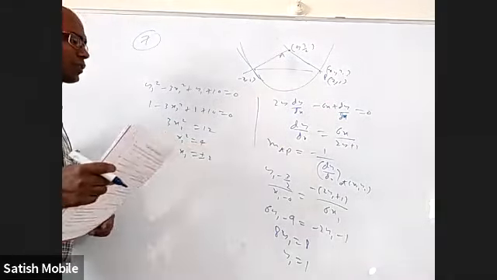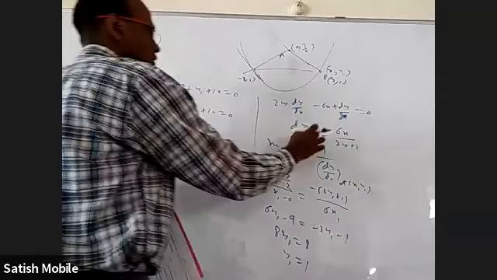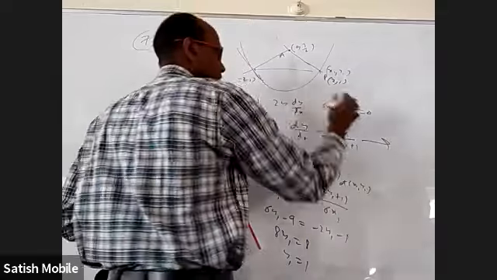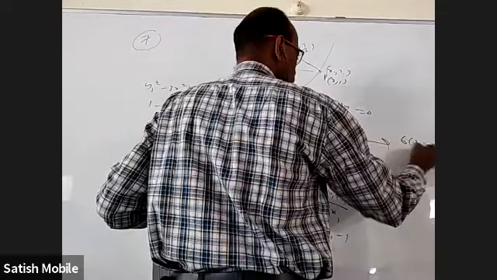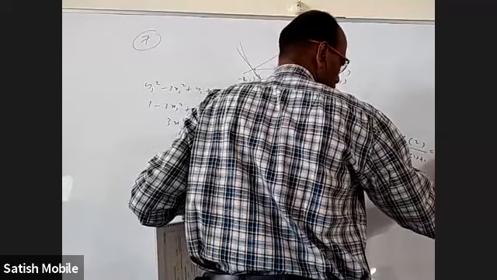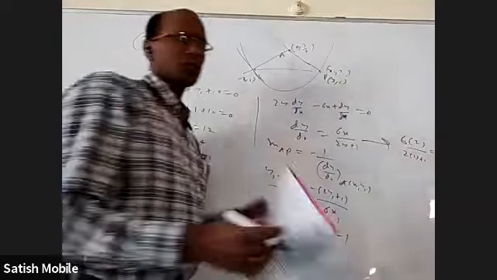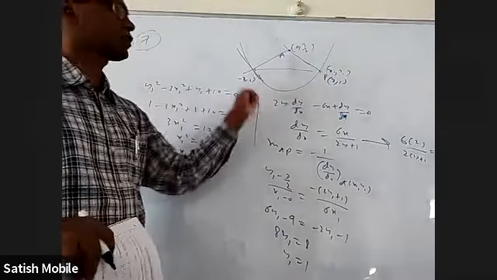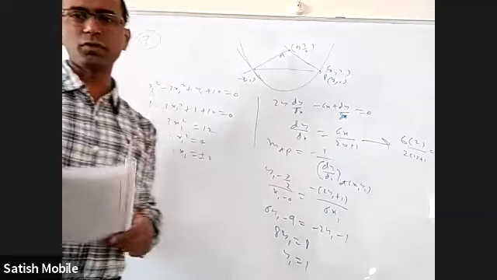The slope of the tangent they want. So let us use this now. If I put this x and y, 6 into 2 over 2 into 1 plus 1, 12 by 3, which is 4. So the slope of the tangent here will be 4 and this tangent slope will be minus 4. Mod m will be 4 itself.